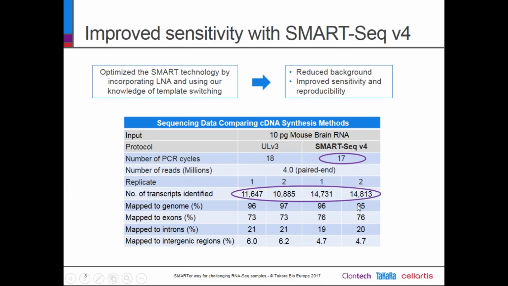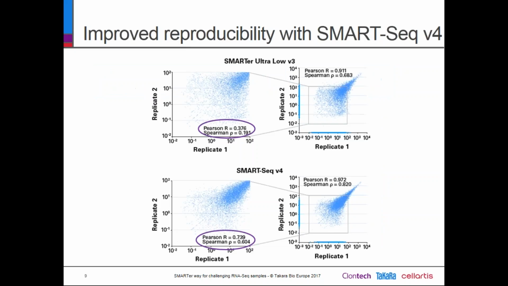The reproducibility is very good. It was already the case in the previous version, and we kept this also in SMART-Seq v4. But as I say, we also improved on that. And how do we see that? We see that especially for the low expressed transcripts.